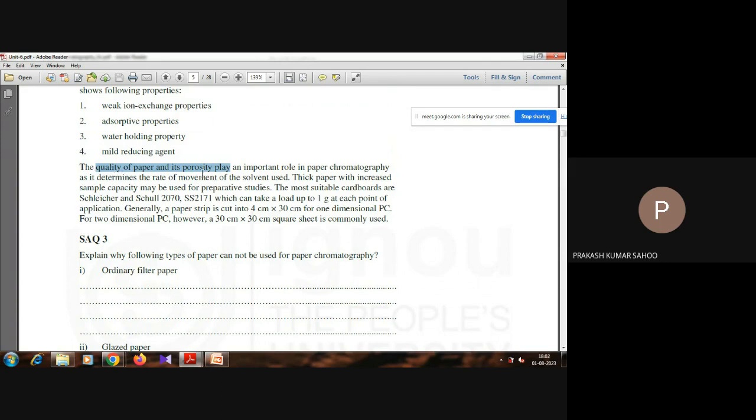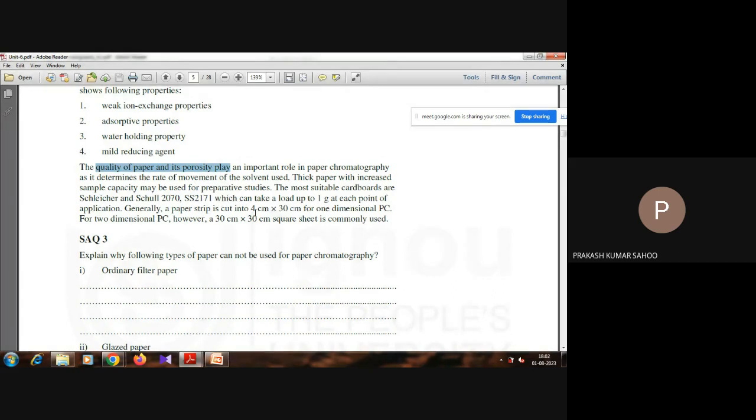If the porosity is small, then the movement will be slower, or very slow, and vice versa. Thick papers with increased sample capacity may be used for preparative study. These are examples of papers used in paper chromatography.